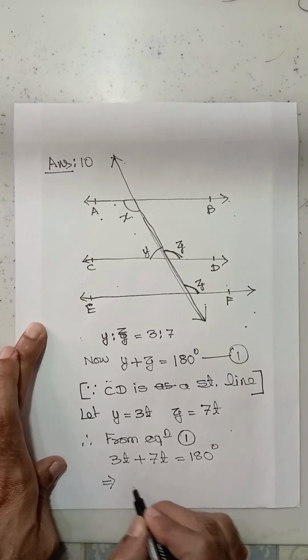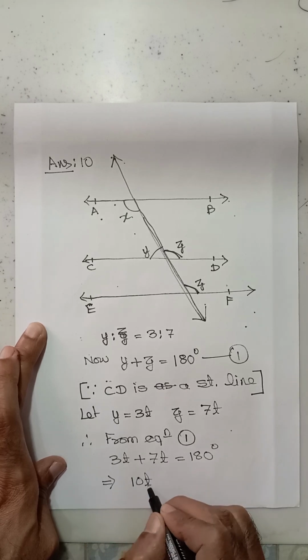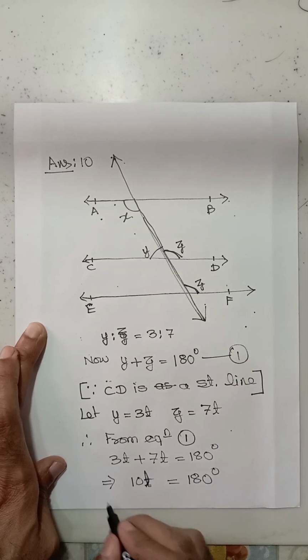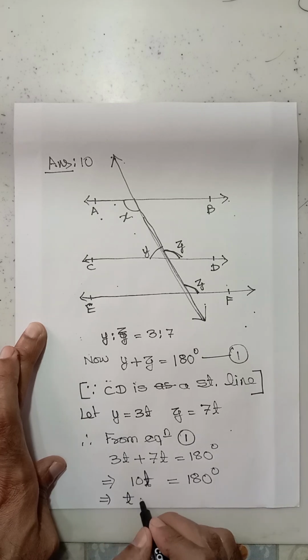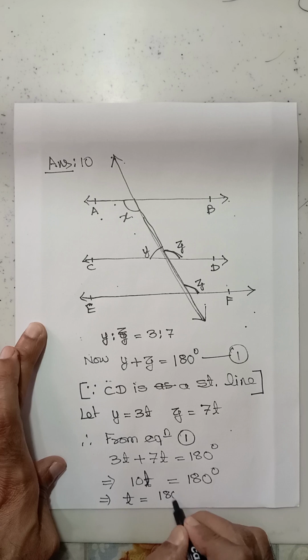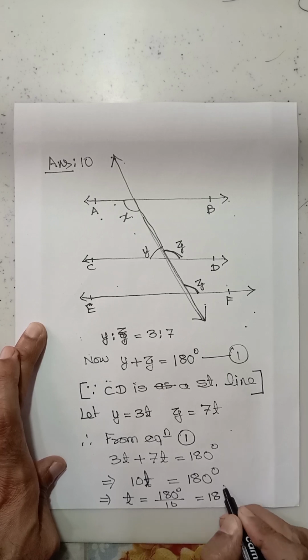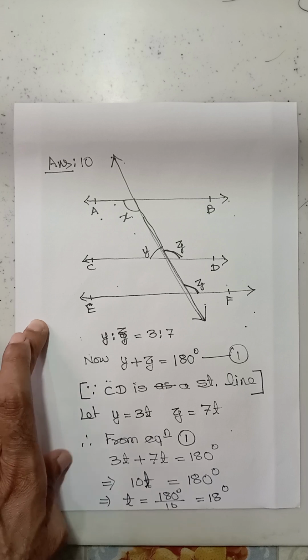This implies 10t is equal to 180 degrees. This implies t is equal to 180 by 10, which is 18 degrees. So we have got t.